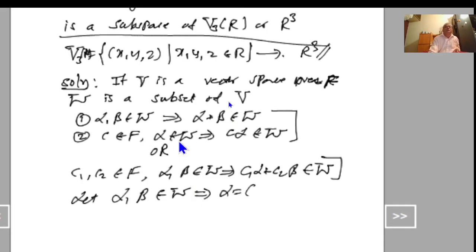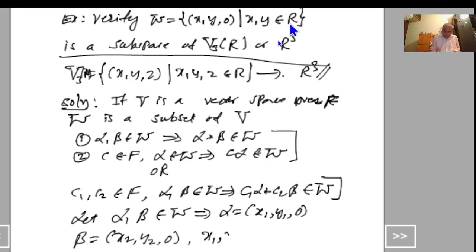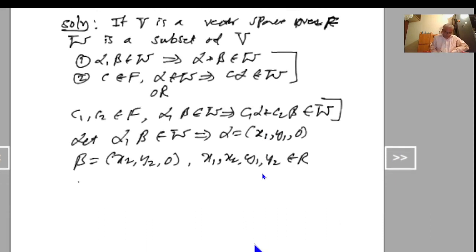That is, W is a set consisting of the elements of this form (x, y, 0), where x and y belong to R. Therefore alpha must be of this form, say (x1, y1, 0), and beta is equal to say (x2, y2, 0), where x1, x2, y1, y2 belong to R.